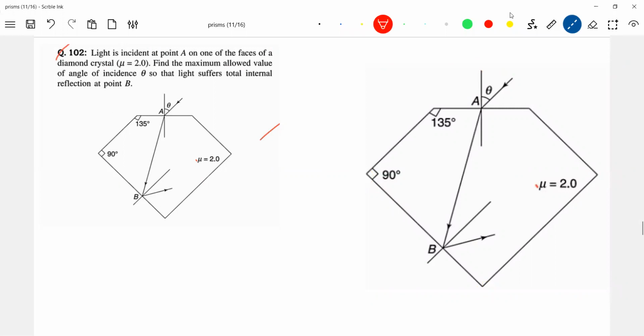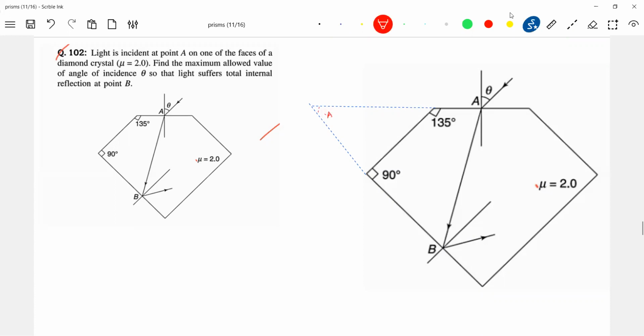You don't think the simplest method is here? Shall we take like this? It's not a prism, but I can assume there's a prism and there's an angle of prism.